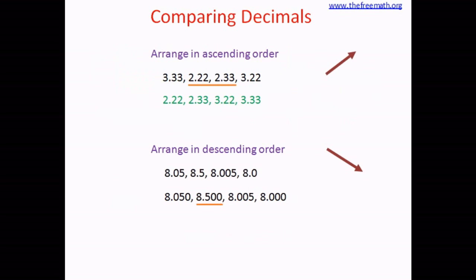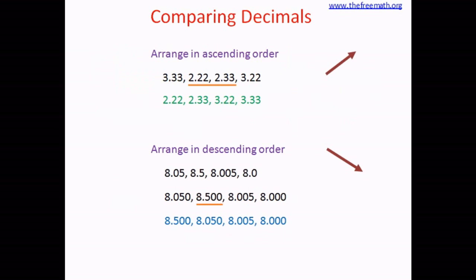After that we need to look at the hundredths place. So the next one would be 8.050. After that we look at the thousandths place. So the next one would be 8.005 and the last one would be 8 or 8.000. So these are the decimals in descending order.